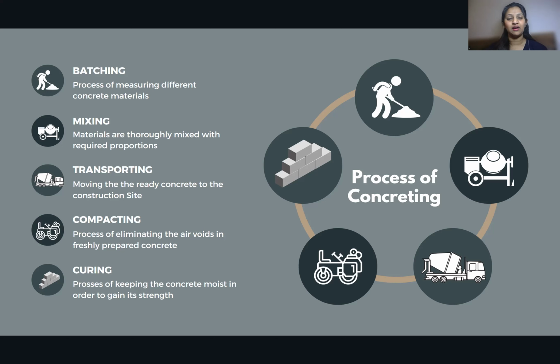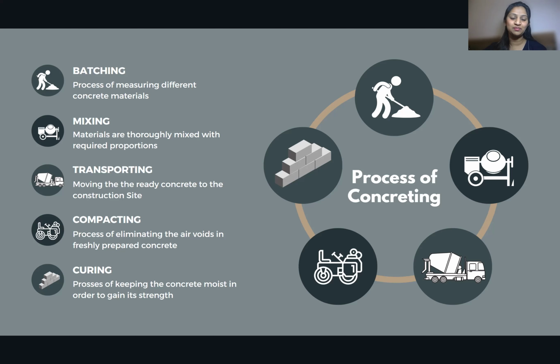Next, we have mixing. In this process, all of the materials that have been batched, calculated as per the amount of ratios based on the grade of the concrete required, are mixed.